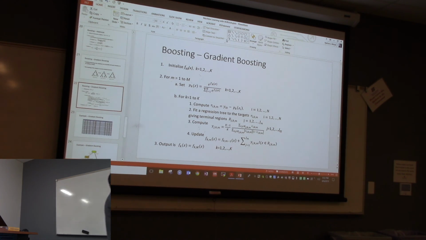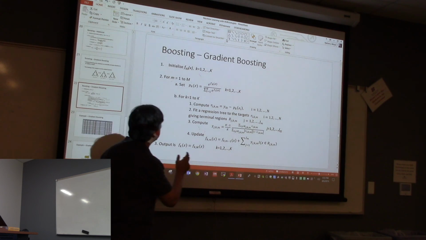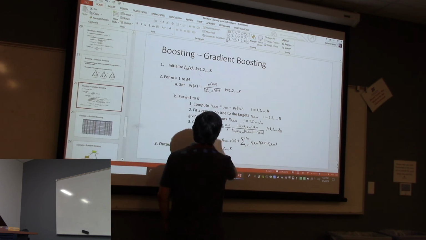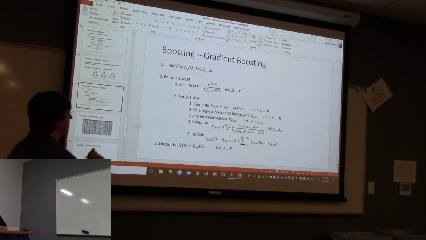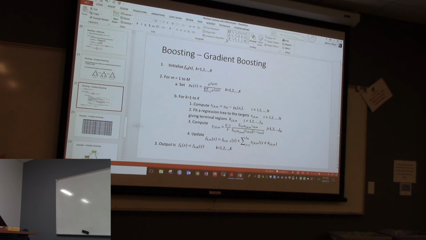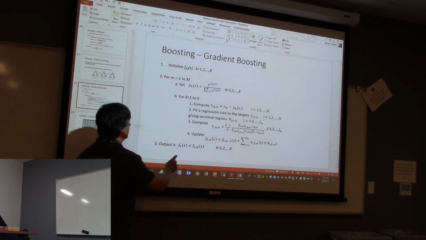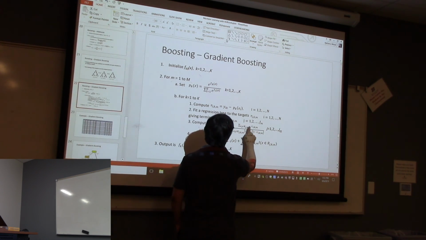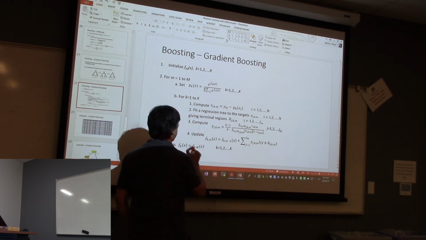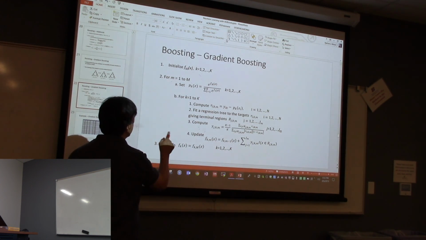Then based on that, you compute for each one of the regions what's called gamma, which will give you the log of the odds, based on the sum of the errors with respect to the sum of the error with respect to itself.